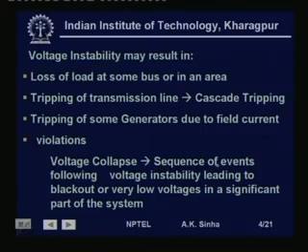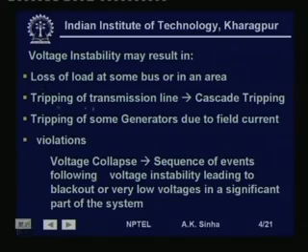Well, this voltage collapse is seen as a sequence of events following voltage instability. That is, once a voltage instability occurs in any part of the system, this causes a sequence of events such as loss of load or tripping of transmission lines, etc. So, if this sequence of events leads to a blackout or very low voltages in a significant part of the system, then we say voltage collapse has occurred in the system.